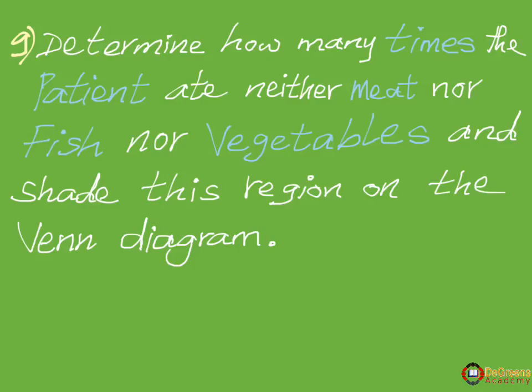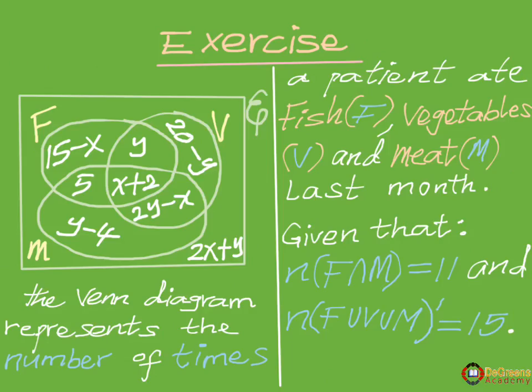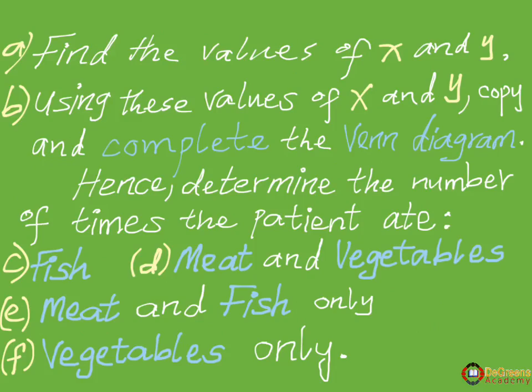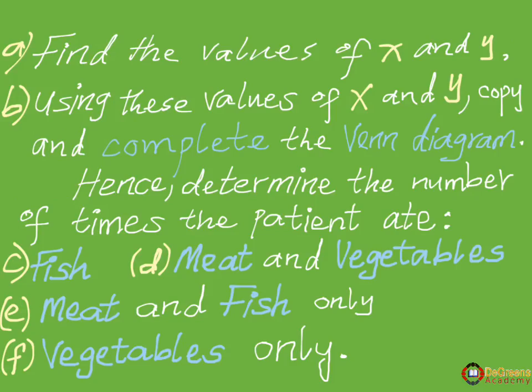So looking at that problem again, the Venn diagram is clearly shown with the regions given in terms of X and Y. And the A part, you are asked to find the values of X and Y. So looking, you are given the information which should be used for that.